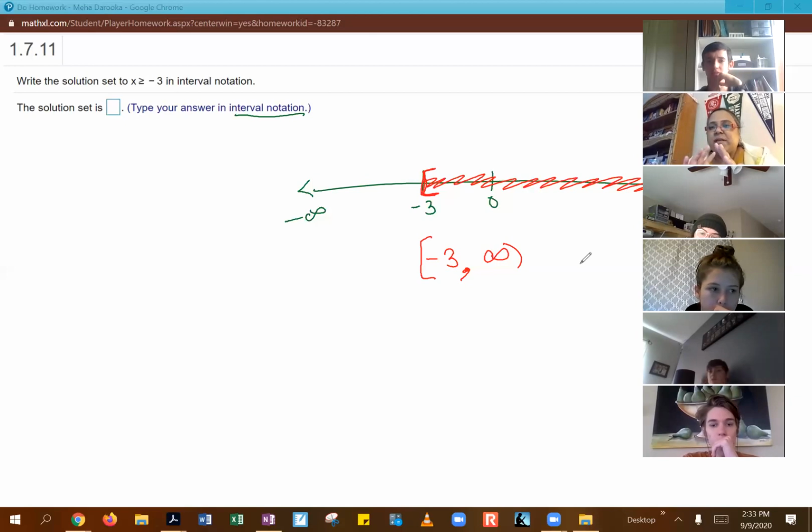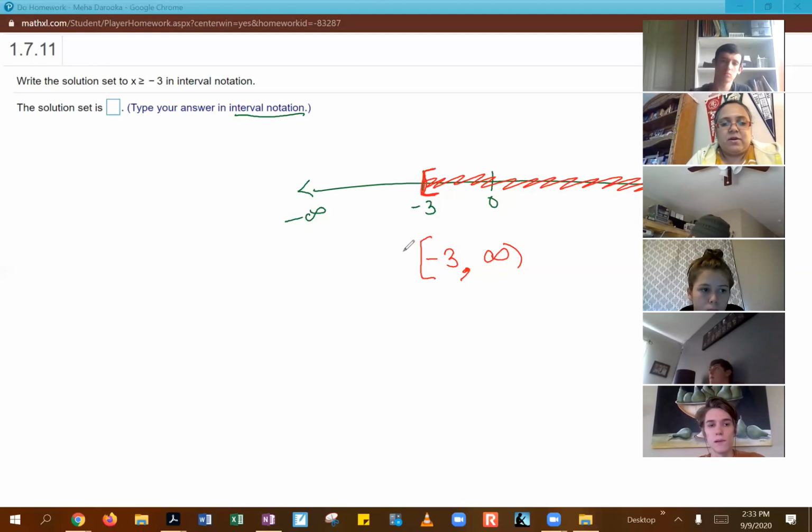Because, guys, always keep in mind, we have to put the smaller number on the left-hand side when you're writing your interval notation and the larger number on the right-hand side. So between -3 and infinity, -3 is the smaller number. Now, if you had negative infinity and -3, then yes, negative infinity is smaller than -3. So always make sure you're putting the smaller number on the left-hand side and the larger number on the right-hand side, okay?